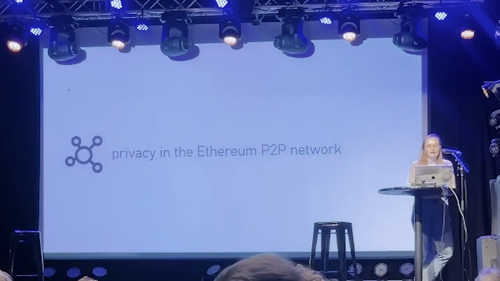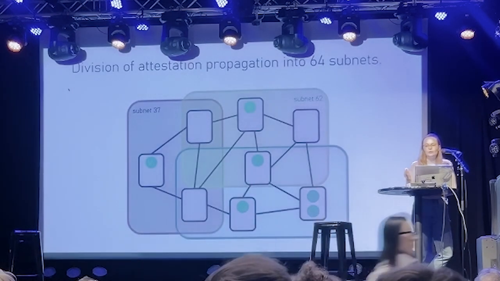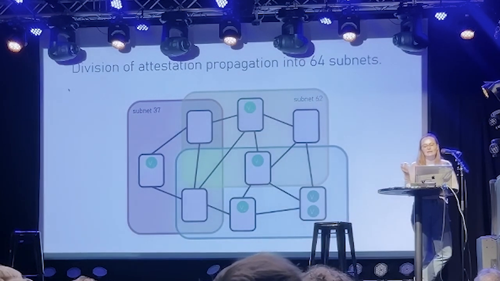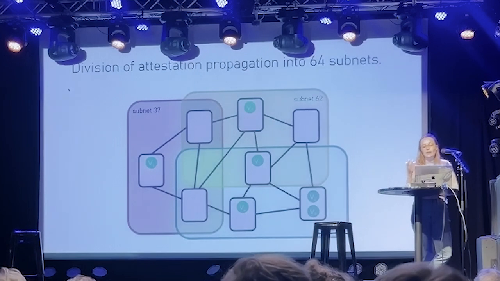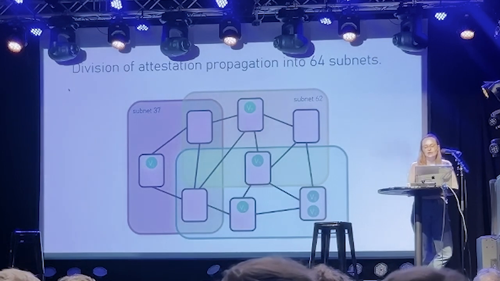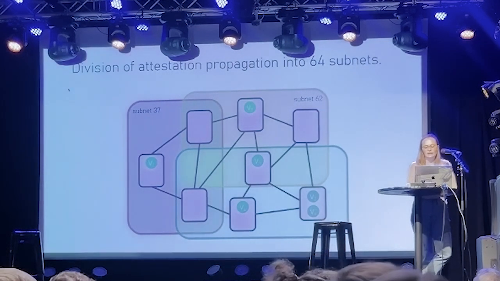But what does it look like today? So Ethereum, when it moved from proof of work to proof of stake, and the load on the network just increased because of all these consensus messages that were now being passed around, they decided to divide the attestation propagation into 64 subnets. These subnets achieve an immense reduction in message complexity and the load of the network.